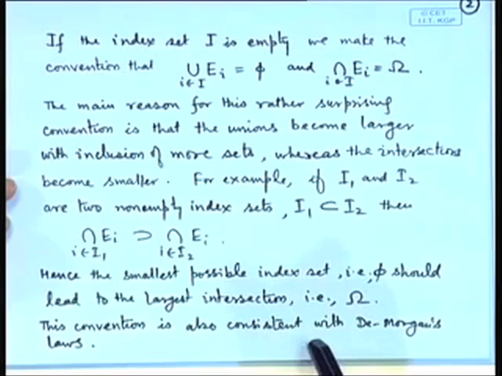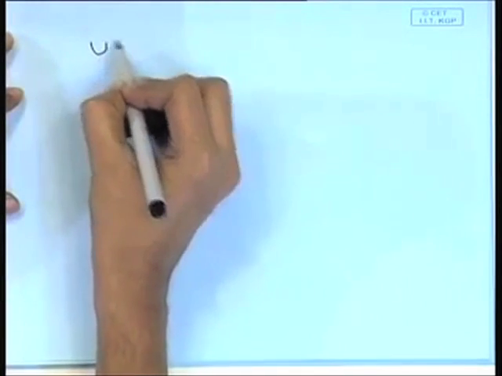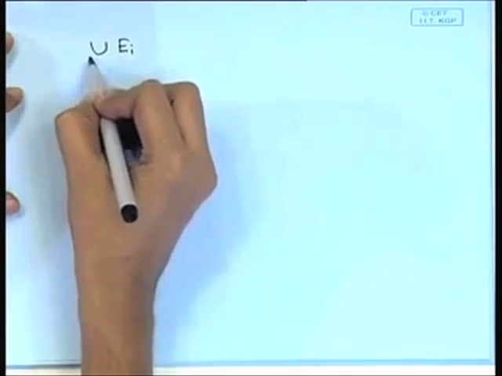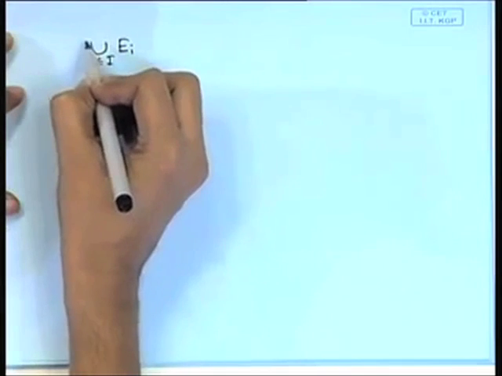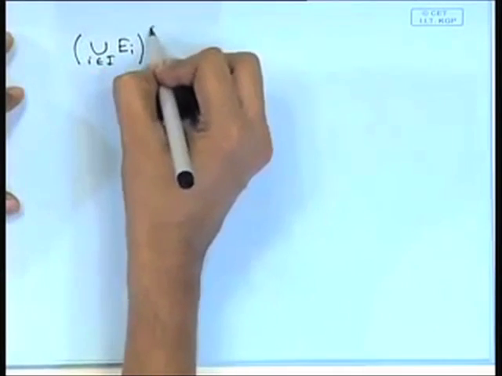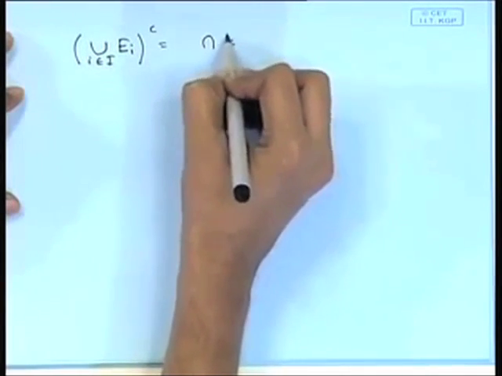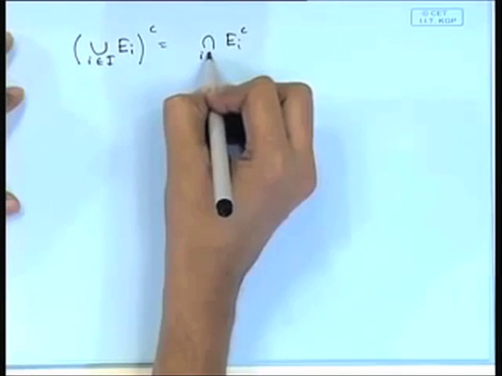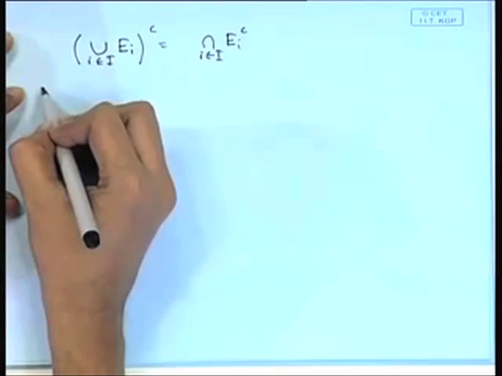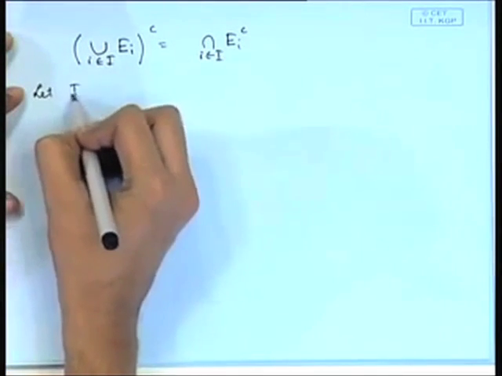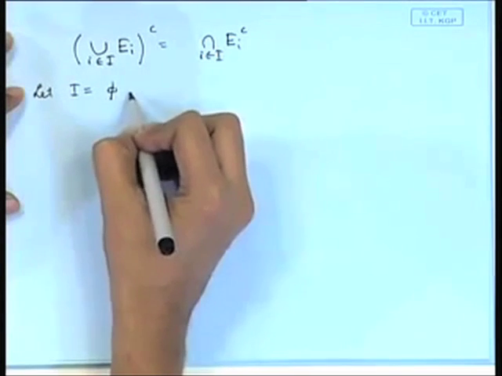This convention is also consistent with De Morgan's laws. For example, if I write the complement of the union of E_i, i belongs to I, it is equal to the intersection of E_i complement, i belonging to I. Let us take I to be phi.